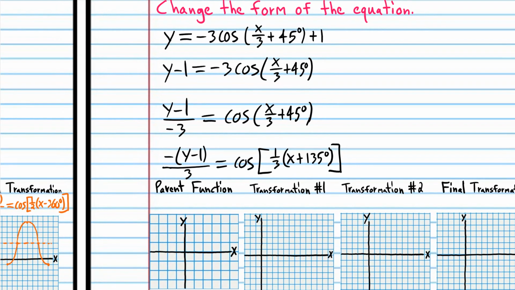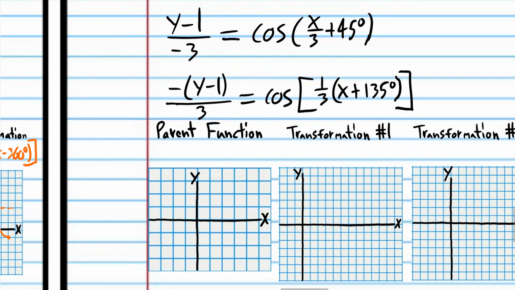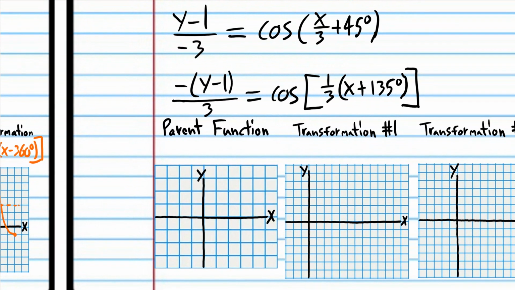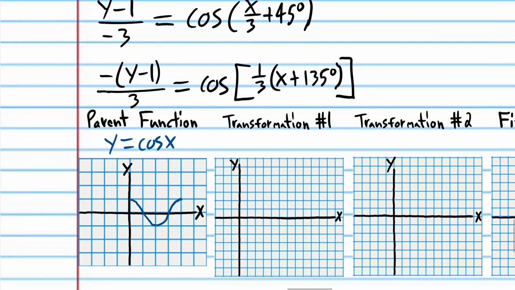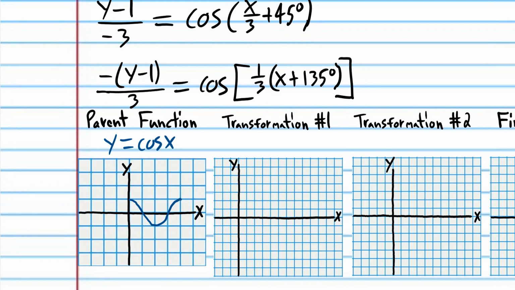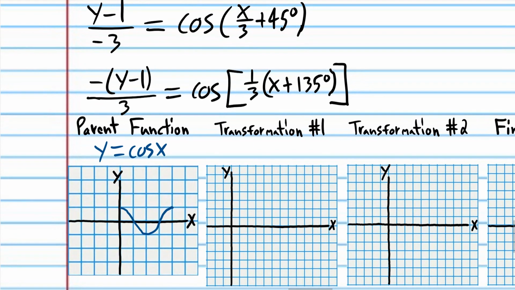So we're ready to graph now that we've got the equation in that form. So the parent function looks like this. You don't have to draw it perfectly, but it should look like a cosine curve and should go through the right points. Now we're going to do 2 dilations at once.